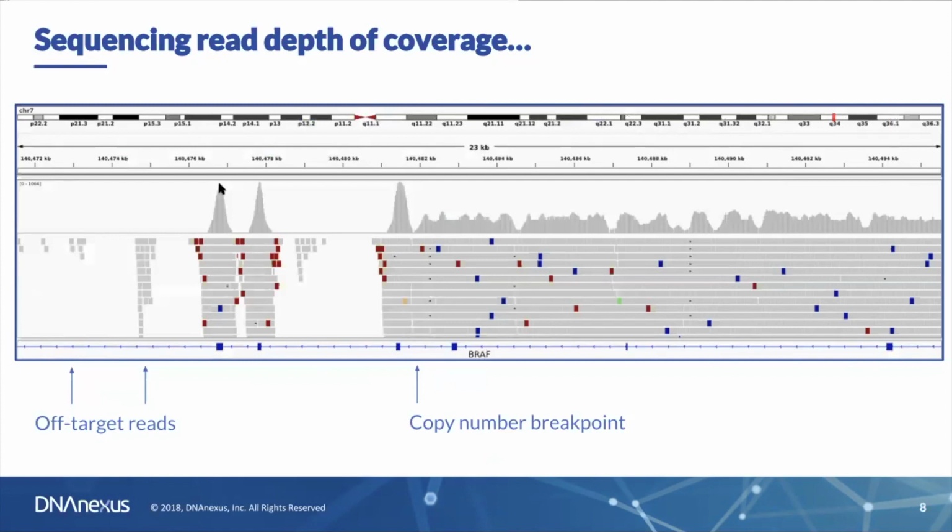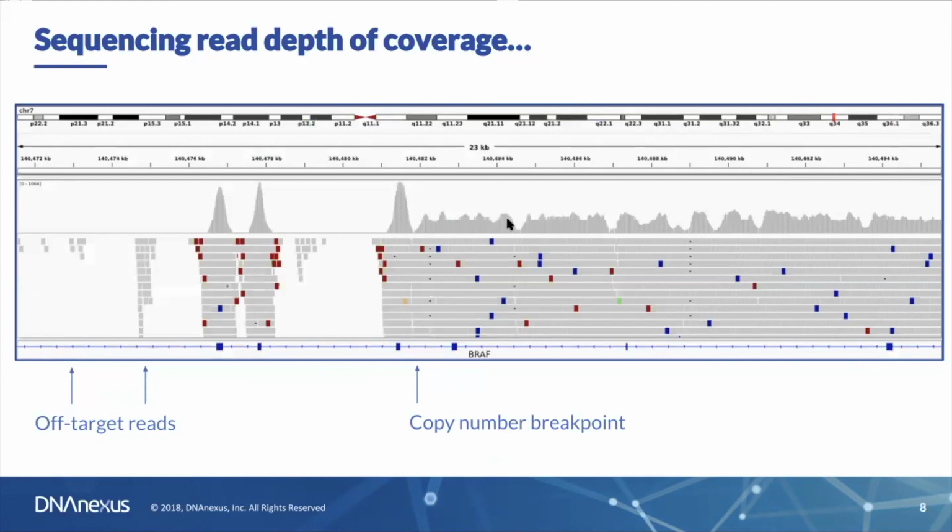It's obviously much higher at each exon, and then there's a little bit of spillover on each side. Then we get to a point where we've captured some of the introns of BRAF as well.